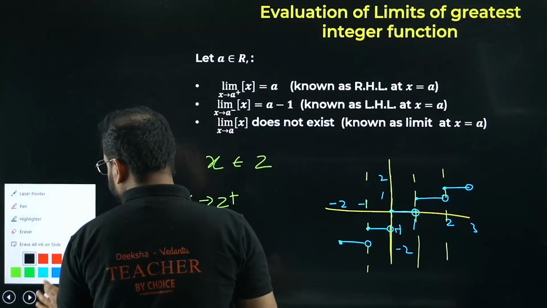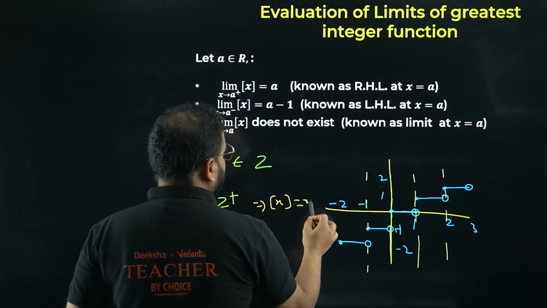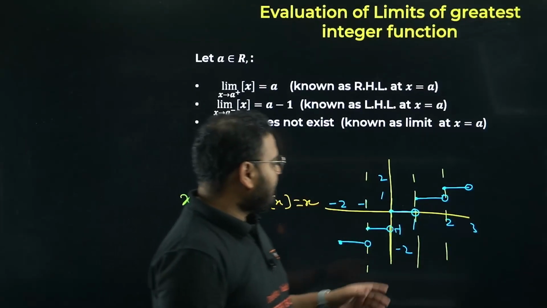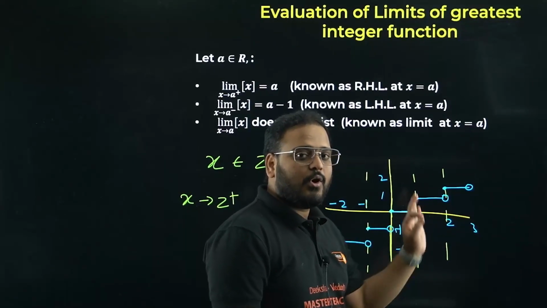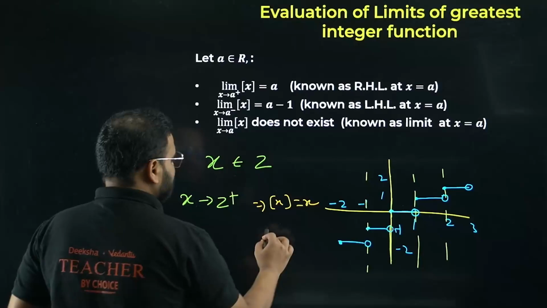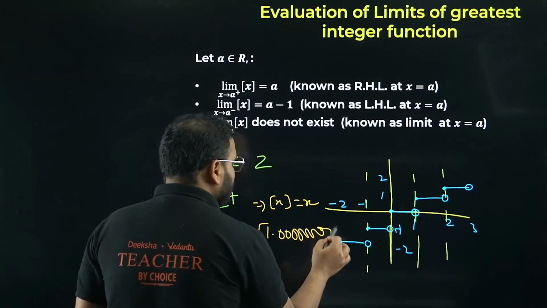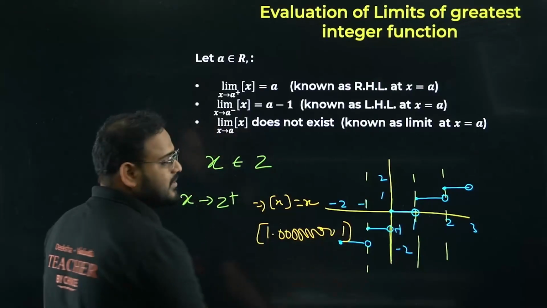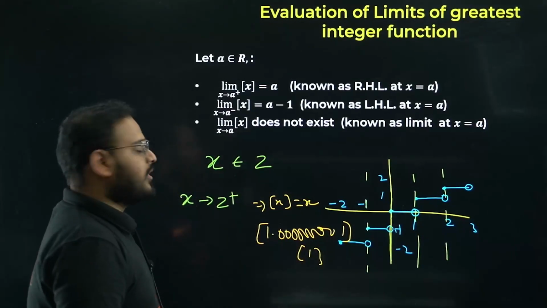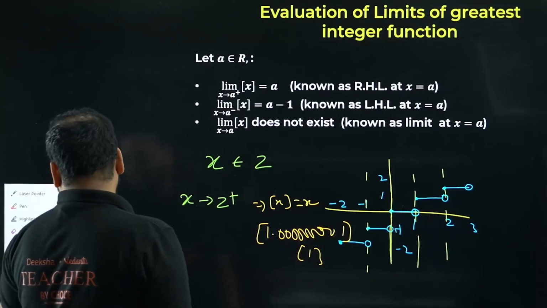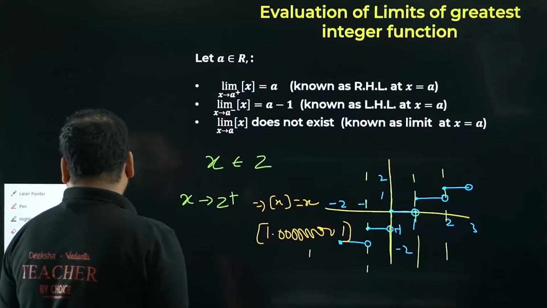Think about it. If I take the point 1 and approach it from the right hand side, what is the value? 1.000001, somewhere 1. What is the answer for this? We know this answer is going to be 1 only. The answer is turning out to be 1 itself.